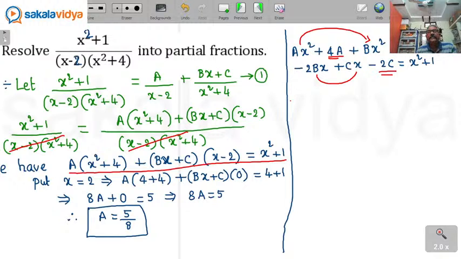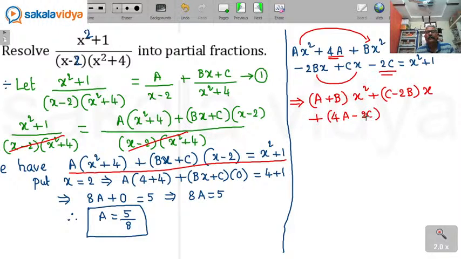So now we get here x square common, (A plus B) times x square, plus here x common, we have (C minus 2B) times x, plus 4A minus 2C equals x square plus 1. Right.